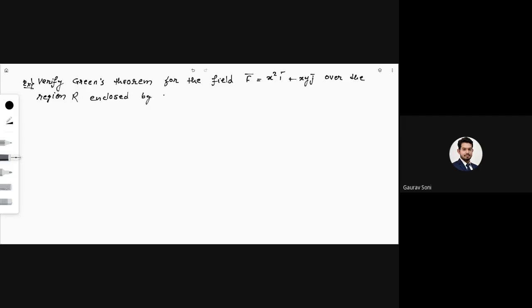So verify Green's theorem for the field f bar is equal to x square i bar plus xy j bar over the region capital R enclosed by y equal to x square and the line y equal to x.